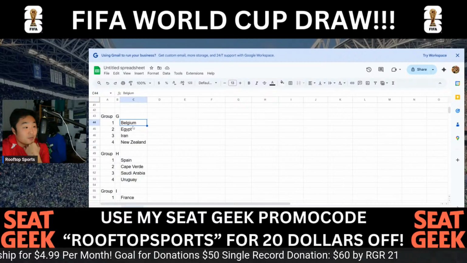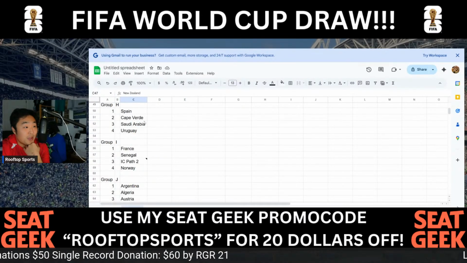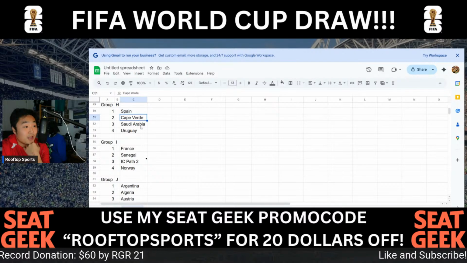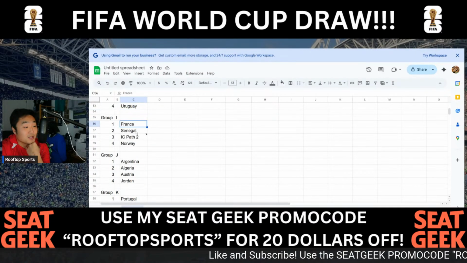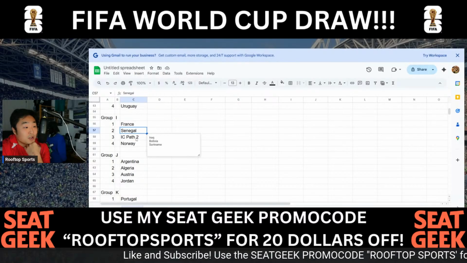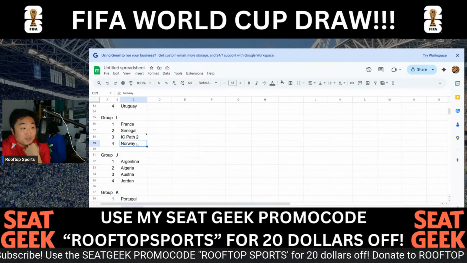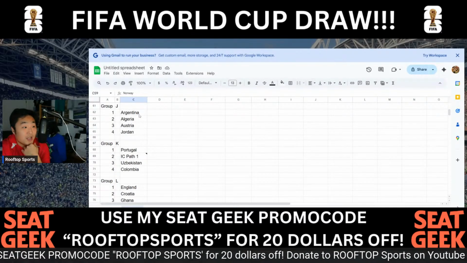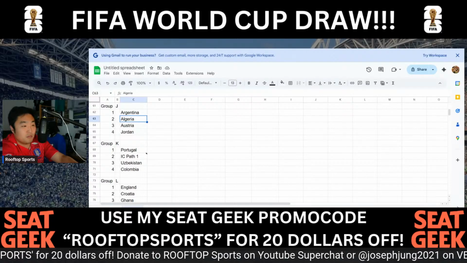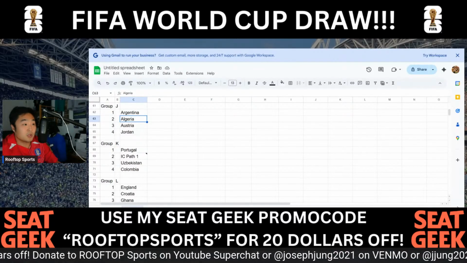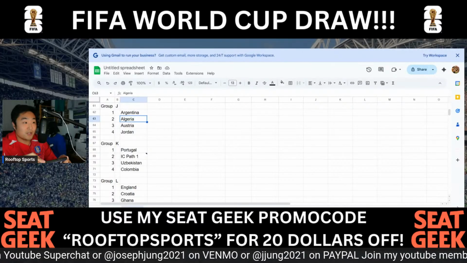Group G: Belgium, Egypt, Iran, New Zealand. Group H: Spain, Cape Verde, Saudi Arabia, Uruguay. Group I: France, Senegal, the winner of Iraq, Bolivia, and the name I can't even pronounce, Norway. Group J: Argentina, Algeria, Jordan, Austria.